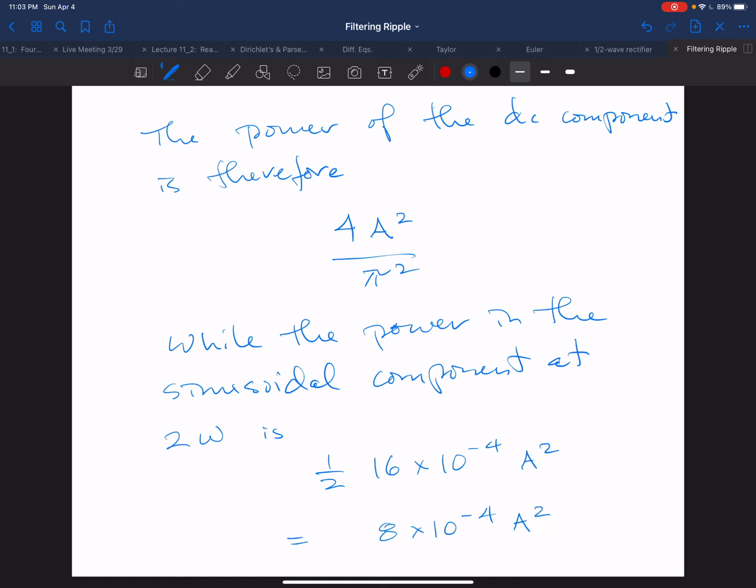So even with this simple first order filter, we do get a very big difference between the power in the DC component and the power in the most significant AC component. And we've used a bit of our knowledge of frequency response and Bode plots in order to design this simple filter.